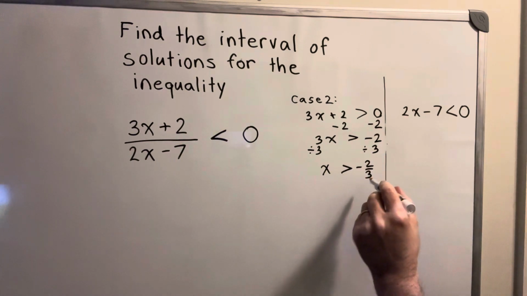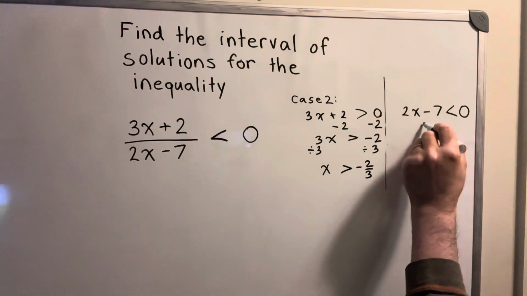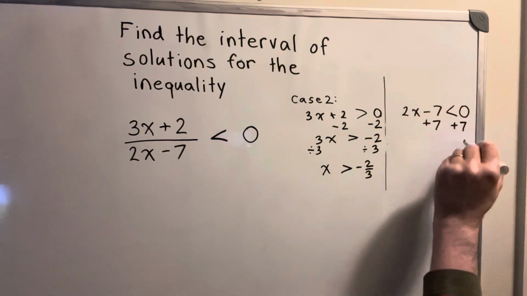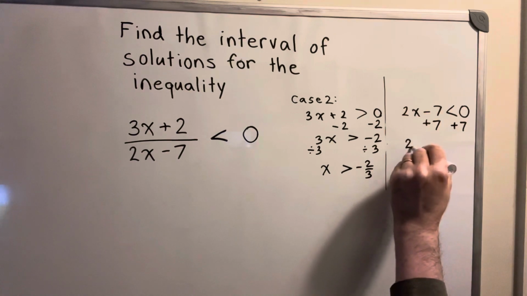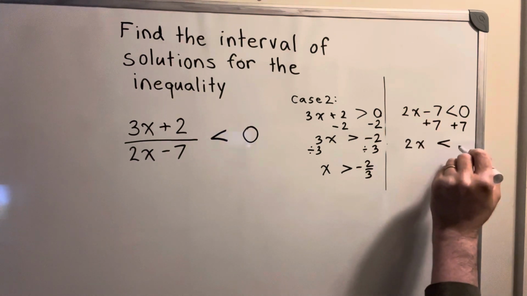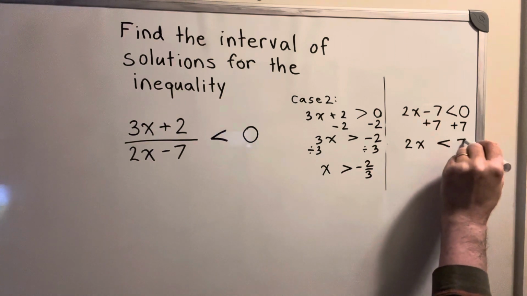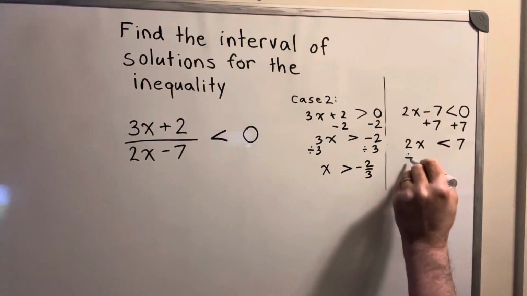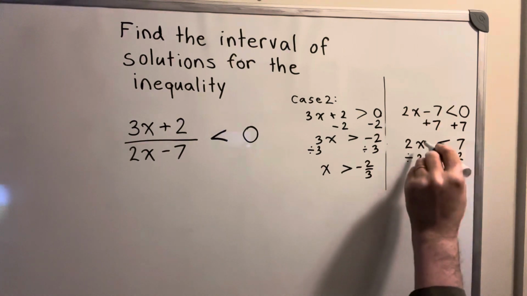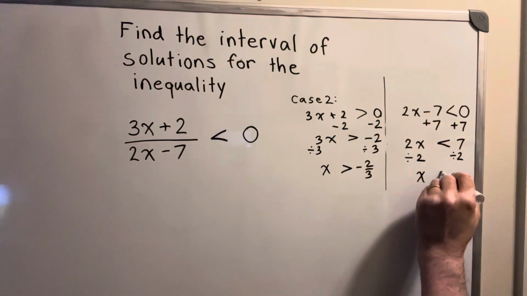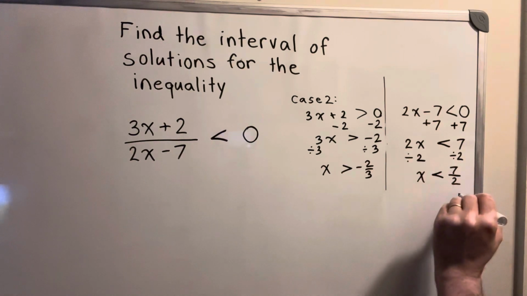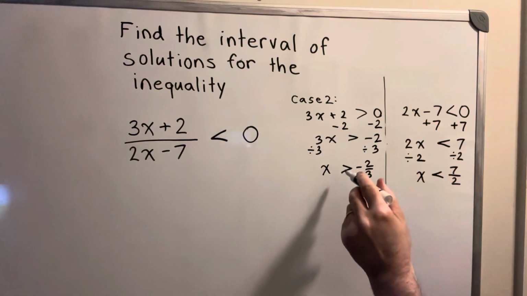Okay. Now over on this one, we can add 7 to both sides. And 2x is less than 7. Divide both sides by 2. And x is less than 7/2. And this is possible.